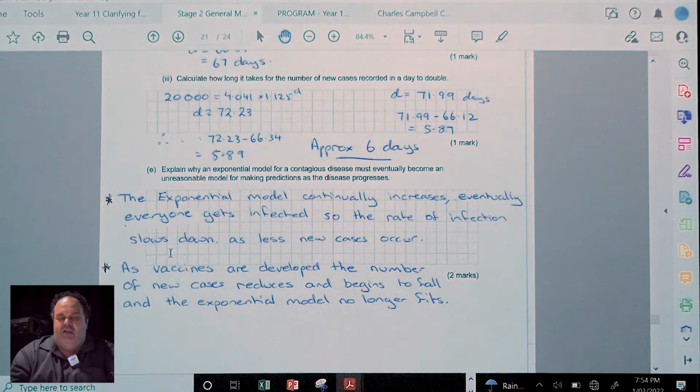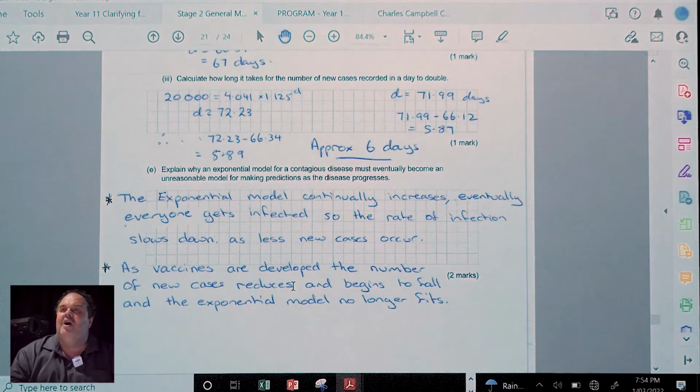The other one is, it was a topical question. So students were talking about other strategies to reduce caseloads, such as vaccinations, and that the government intervenes with lockdowns and things like that.